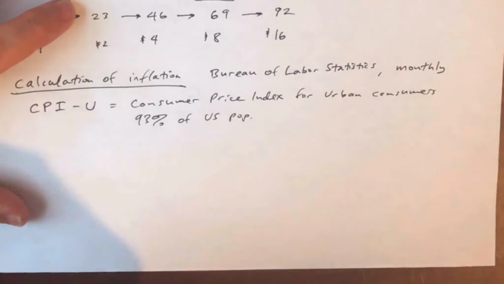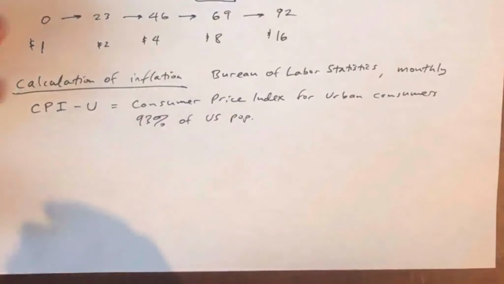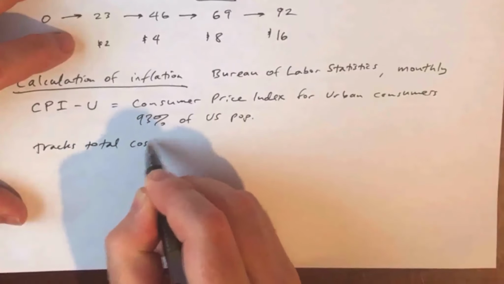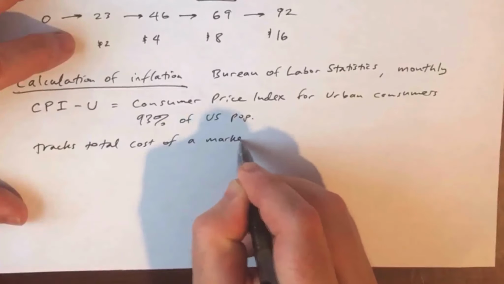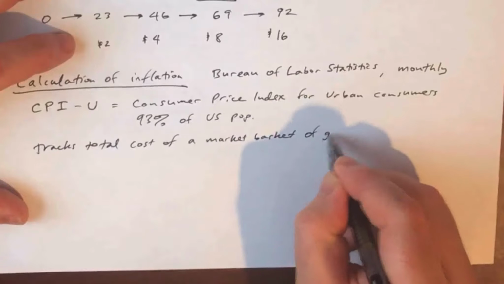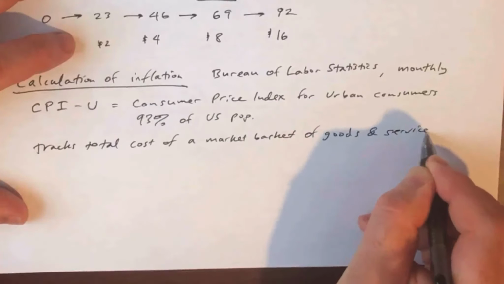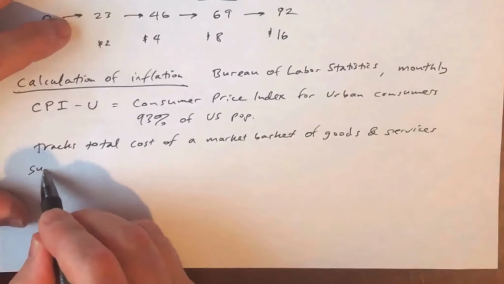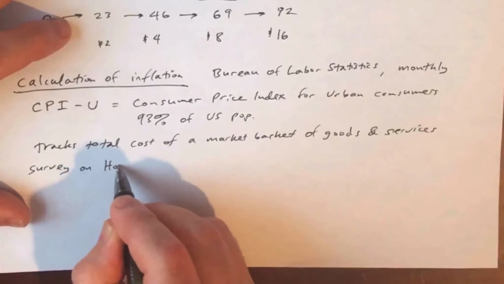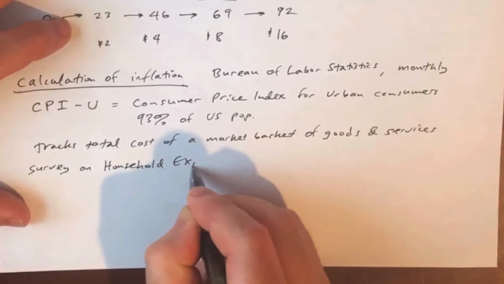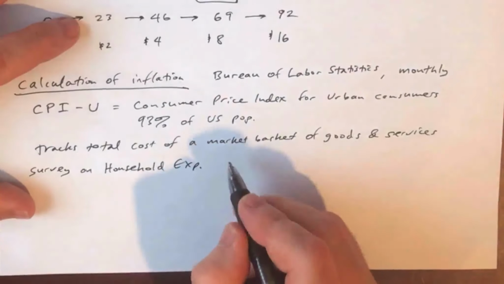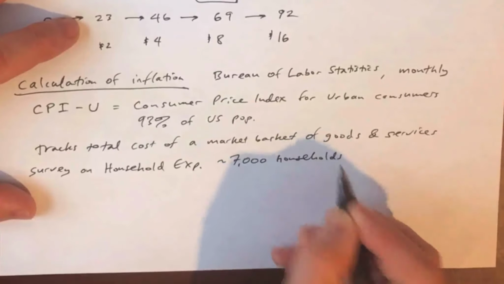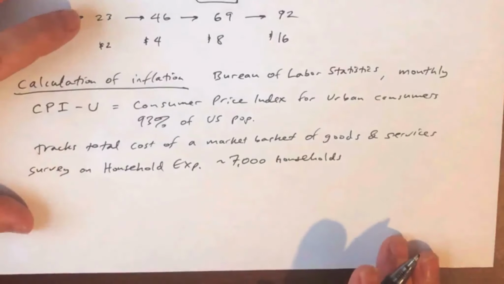Okay, so what the price index does is it tracks the total cost of a market basket of goods and services. And the way that they do this is they conduct a household expenditure survey, a survey of about 7,000 households, just asking them what they're spending.